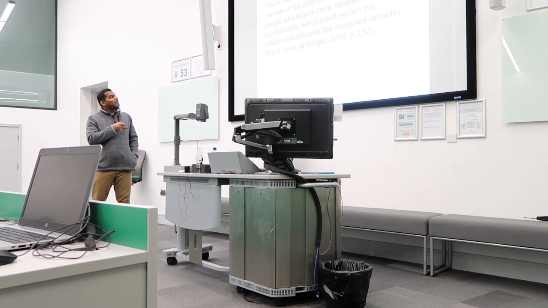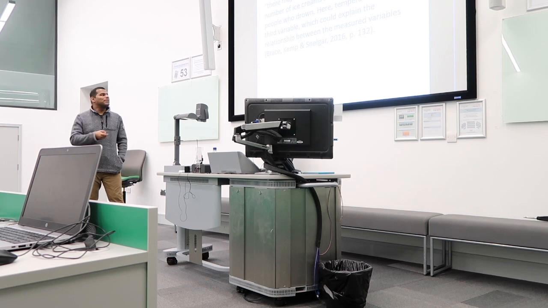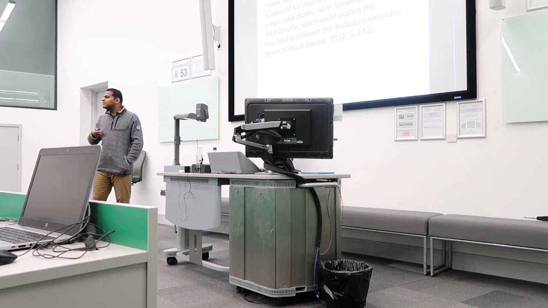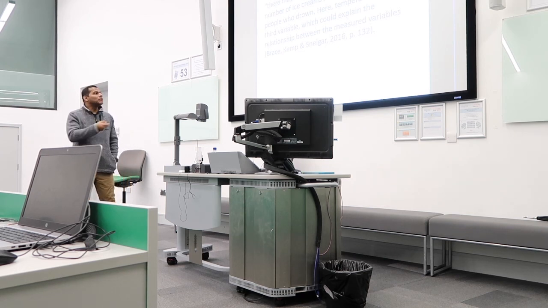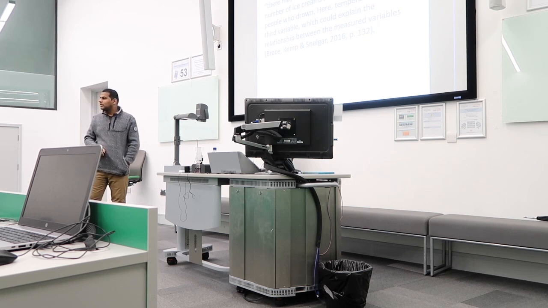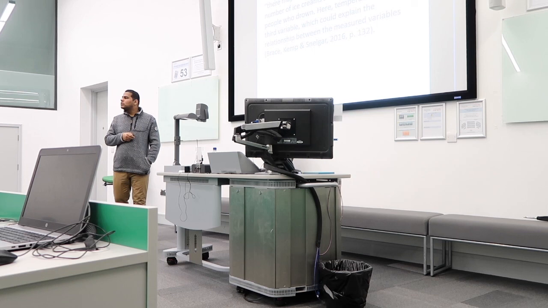I cannot say what the relationship is between the number of ice creams sold and the number of people drowned. Maybe people buy ice cream because of temperature. Get it? The temperature is a possible variable causing this association between ice cream and the number of people. Get the point? So that's why we call this no causation.